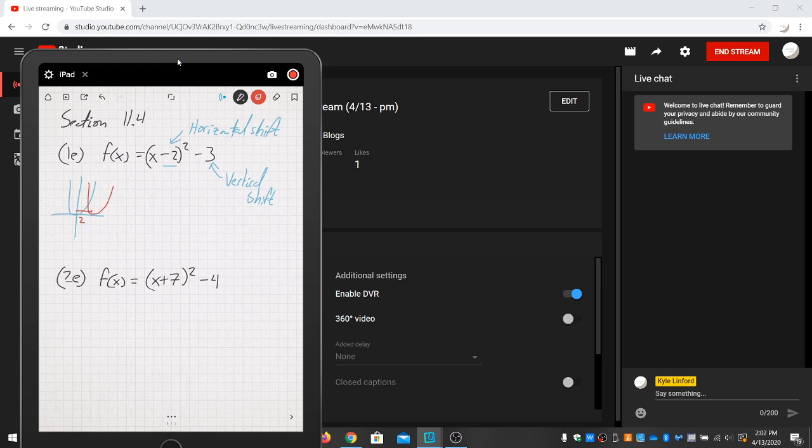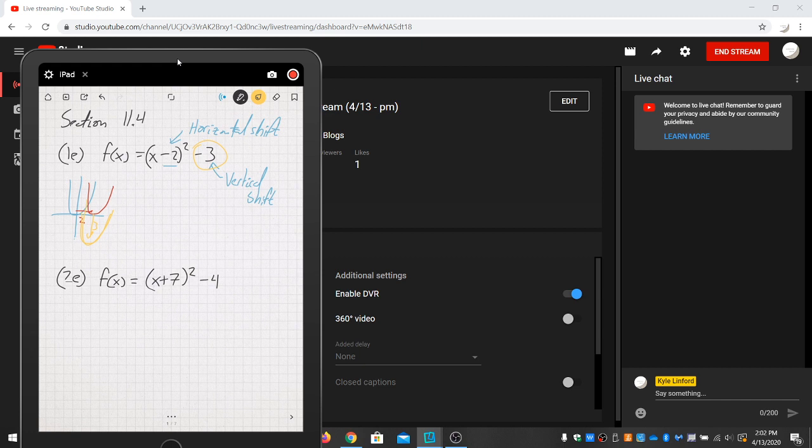That's 2 units over. And then I also know that I've moved it 3 units down, so maybe something like right here. Let's say that's 3 units down. So this is my official parabola. This is my final graph.